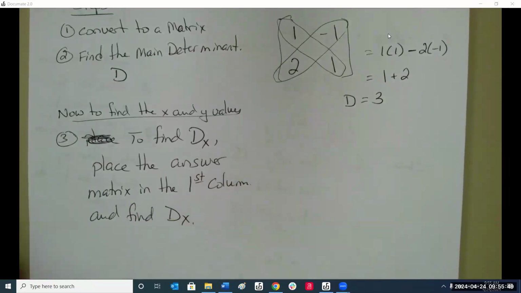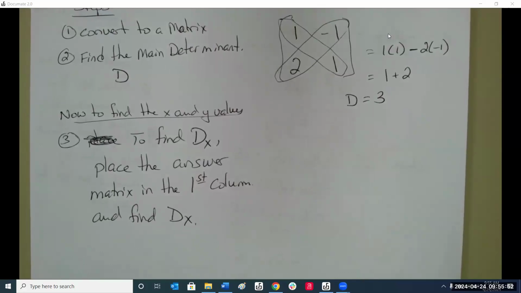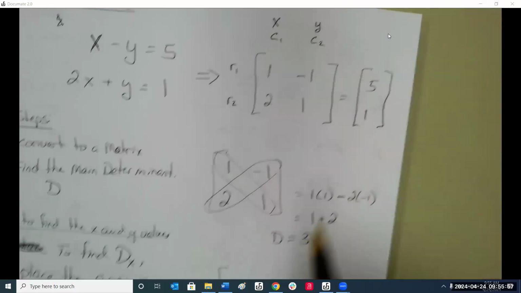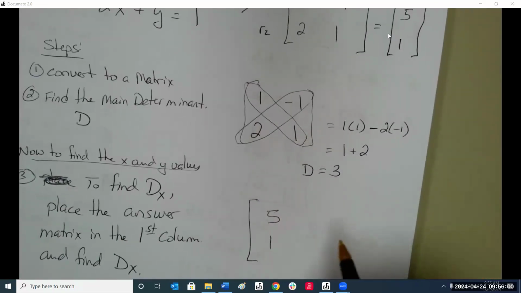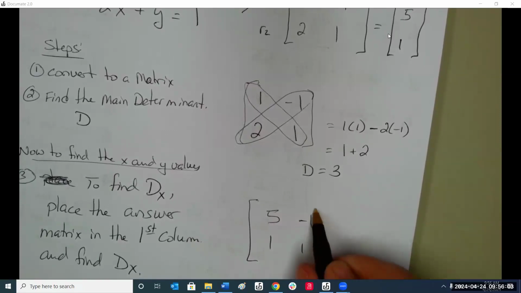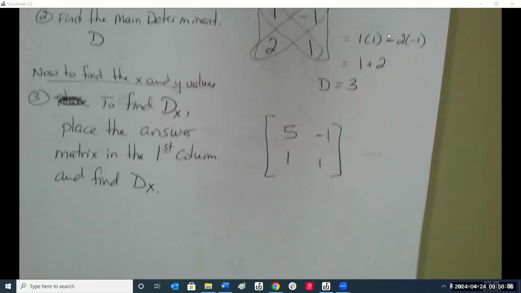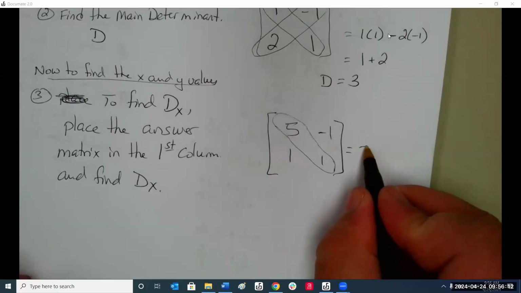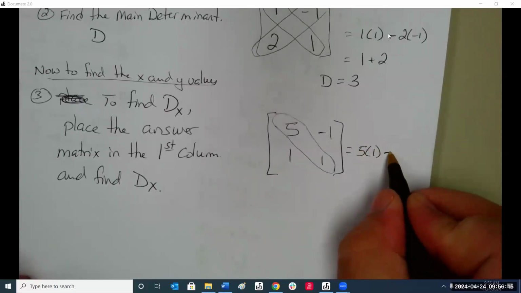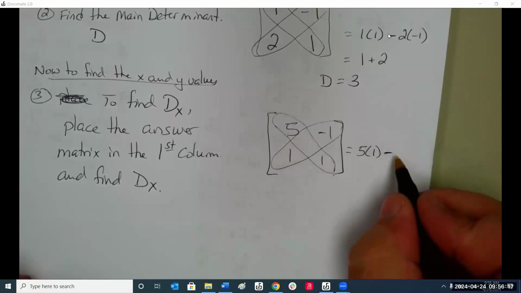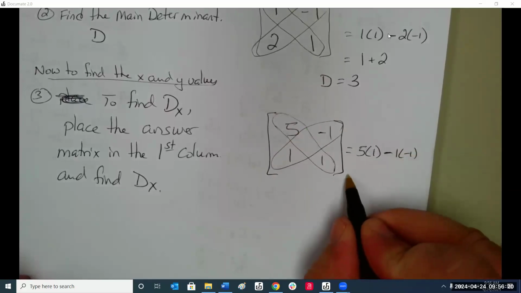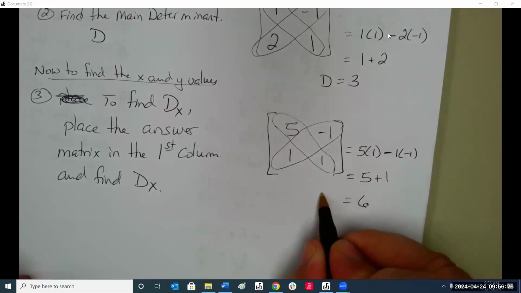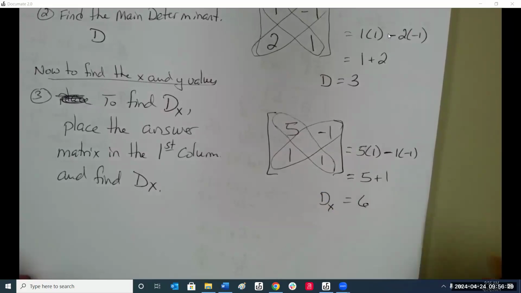And find dx. So we take the answer, 5, 1, put it in the first column. Leave the second one alone. So it's -1 and 1. Find the determinant like we just did. 5 times 1 minus the second one, 1 times -1. 5 plus 1 is 6. That's dx.